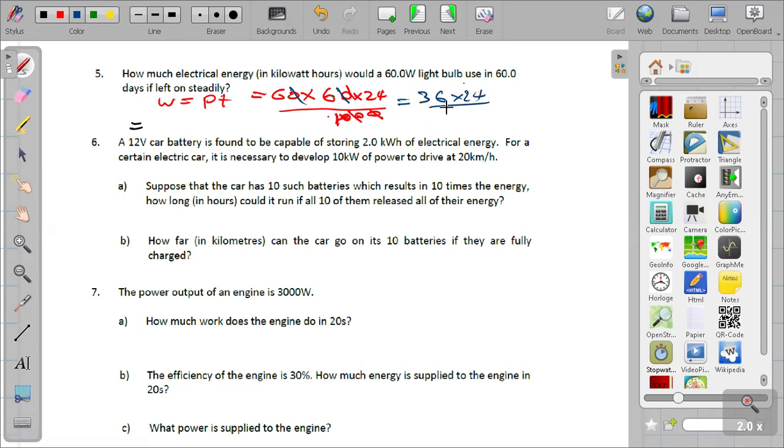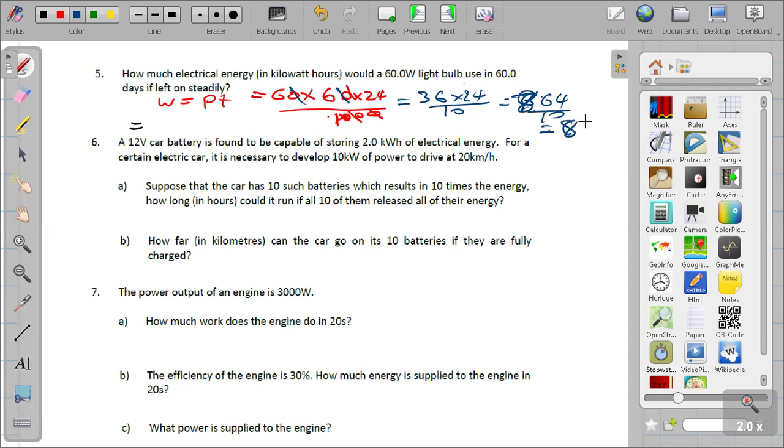So 36 times 24 over 10 is the amount of kilowatt hours you will have. 36 times 20 is 720, and 36 times 4 is 144. 720 and 144 is 864. So 864 over 10.